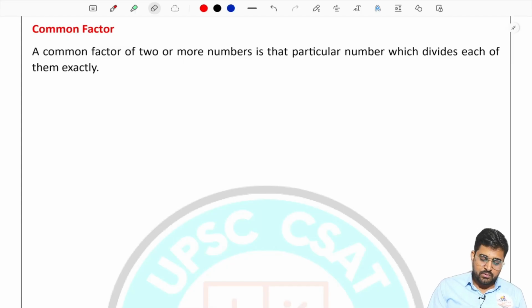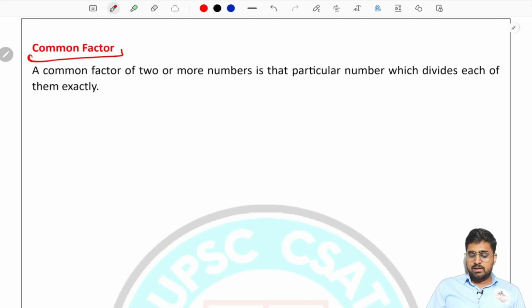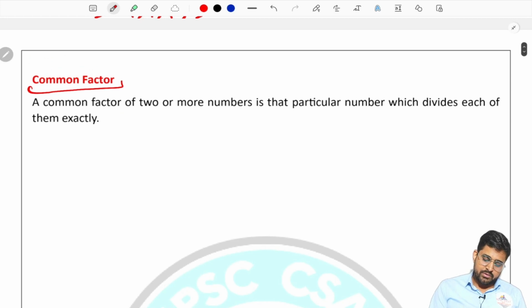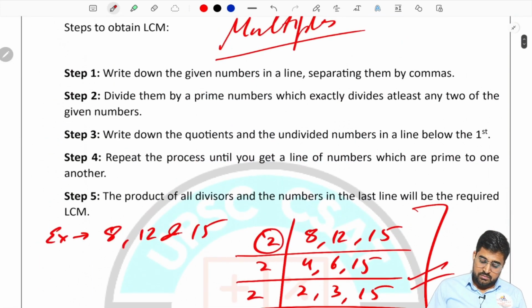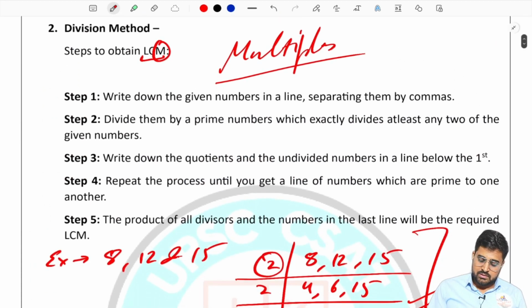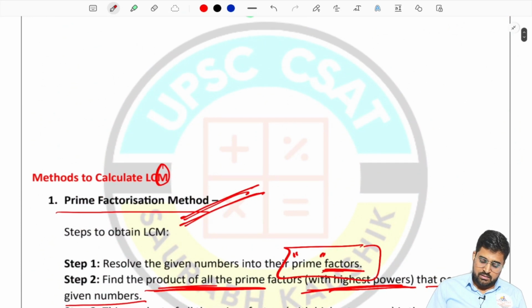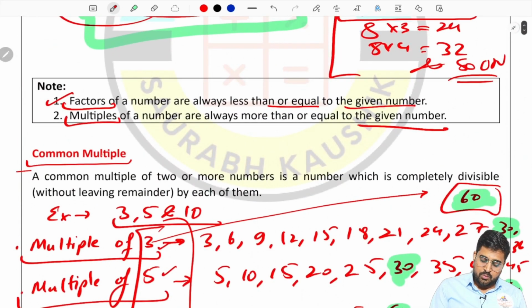Now let's focus on the factors. Till now we have discussed the multiples: multiples, LCM, least common multiple, common multiples.